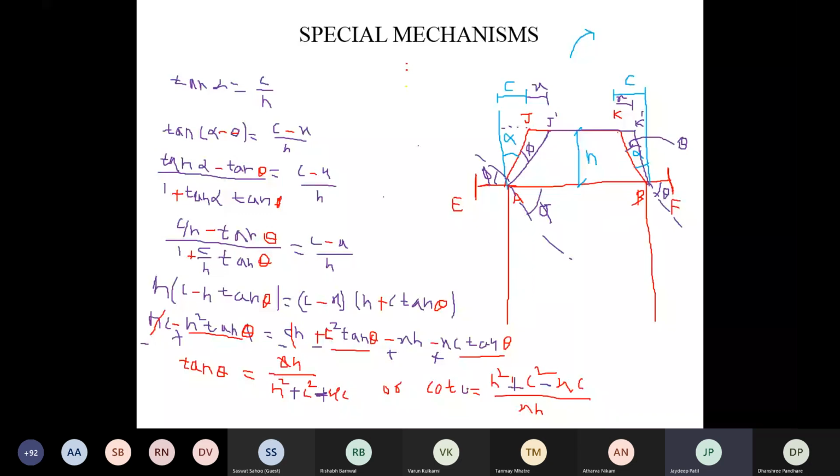Is it right? Cot theta is equal to this. Got it, all of you? Only you have to replace this phi to theta and you have to see the sign. Now note down this.